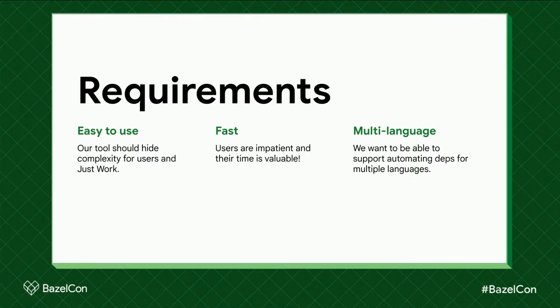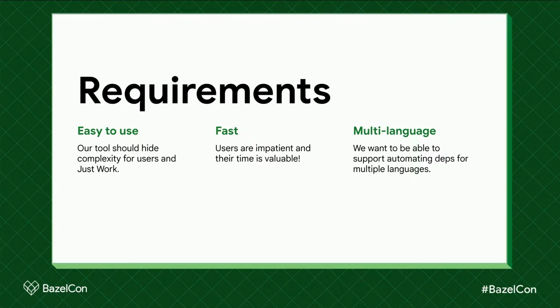When we realized we needed to solve this problem for our users, we thought about, okay, what are the core requirements? Some of these are kind of obvious, but it's worth mentioning just because it did play into our decision to build on Gazelle as a platform. Things like it should be easy to use. It should be fast. For ourselves, we also desired something that could potentially support multiple languages because Stripe is a multi-language company.